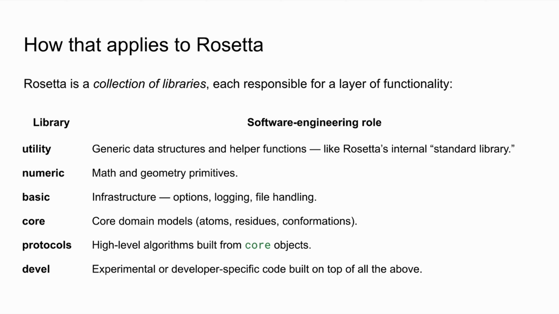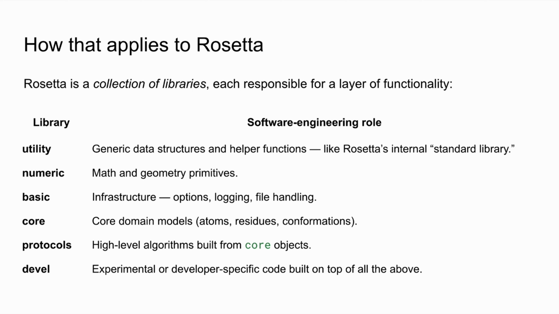All of these pieces together are in the protocols layer, really what it says, protocols. And then you have another one on top of that, which is devel. It's experimental code, mostly historic, has been there even from before we used GitHub. But these are basically the layers.